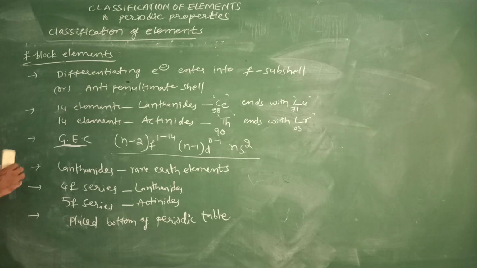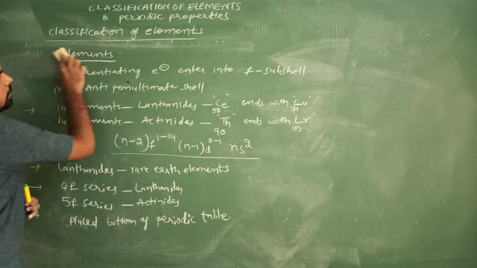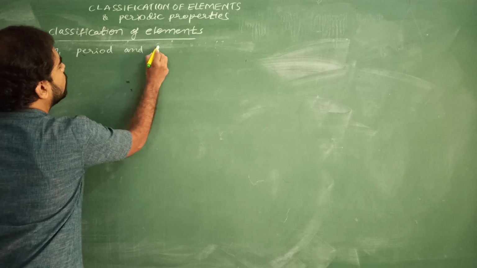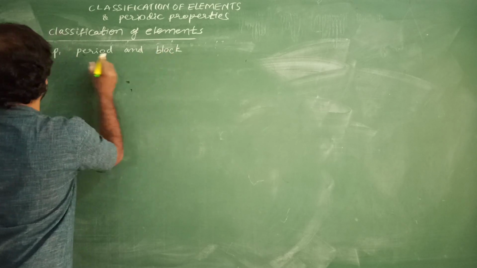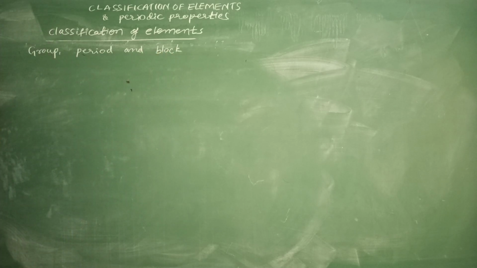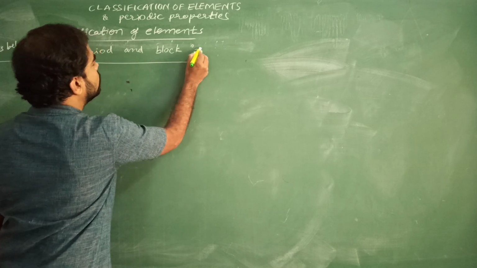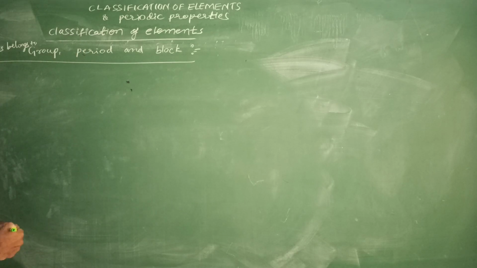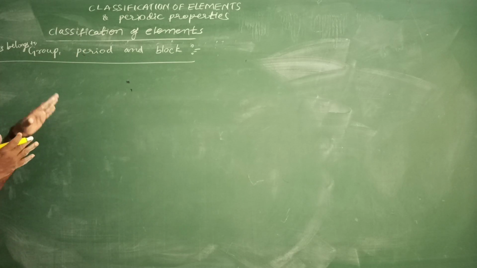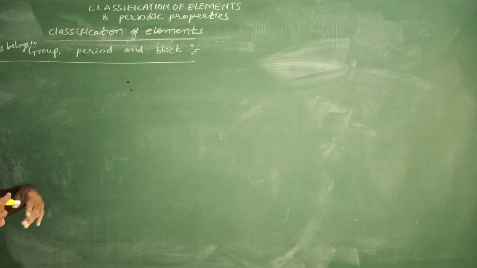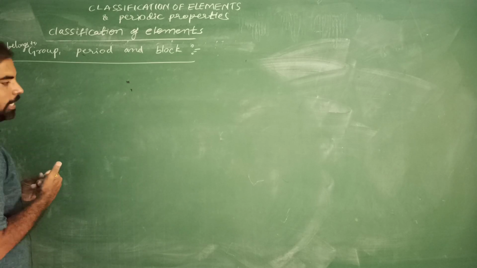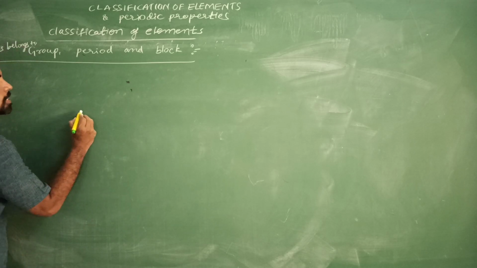Okay students, see next, the block elements belong to a group, period and block. So how can we find out which group, which period or which block an element belongs to? Let us take one example first, sulfur.